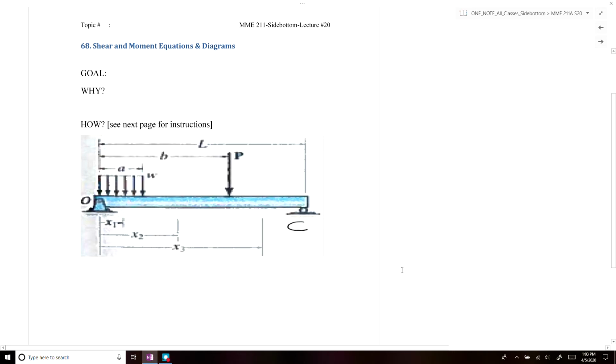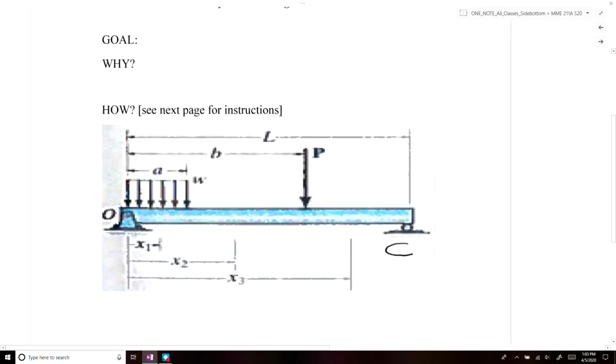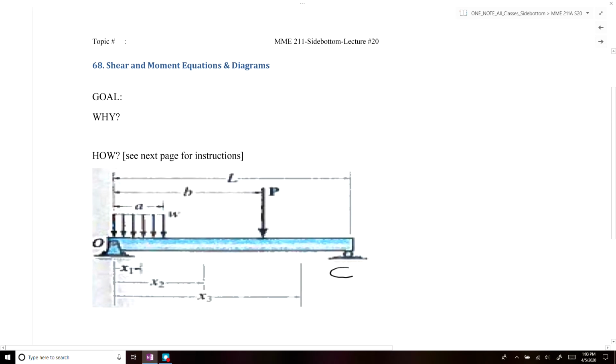So in this video we're going to introduce the tool called the shear diagram and the tool called the moment diagram.